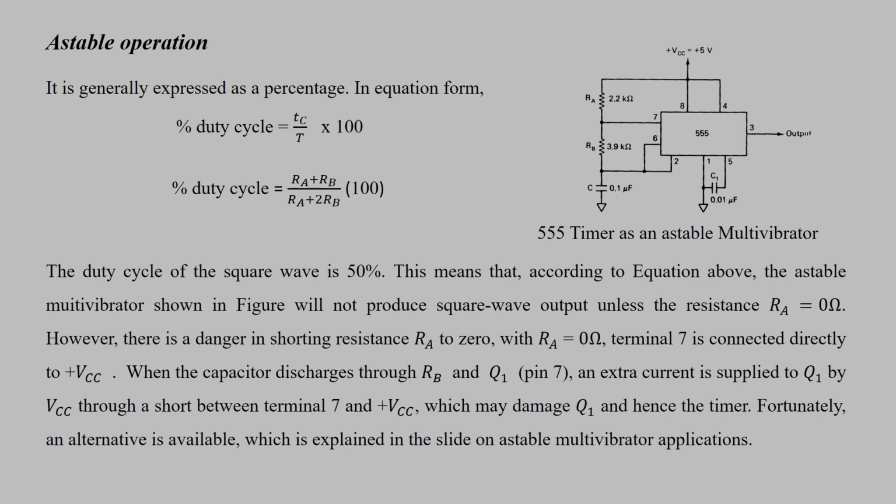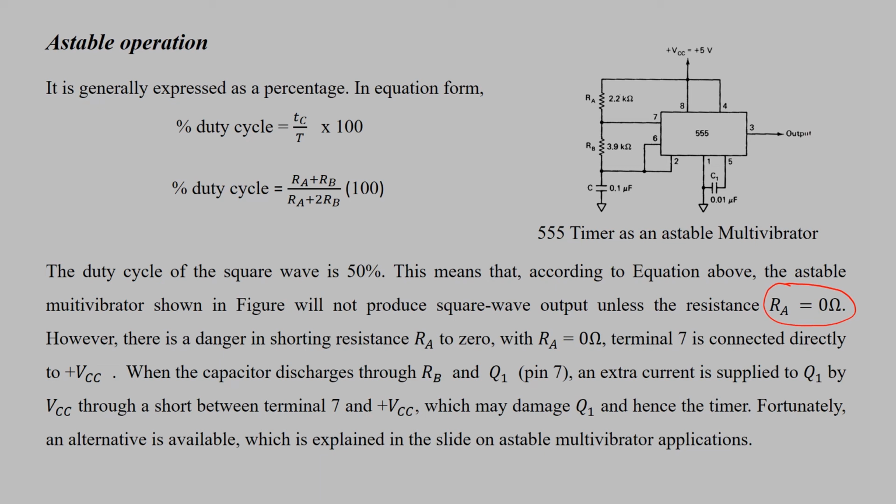This means, according to the above equation, the astable multivibrator will not produce a square wave output, with 50% duty cycle, unless the resistance Ra is 0 ohm. If we make Ra 0, there is a danger of short circuiting.